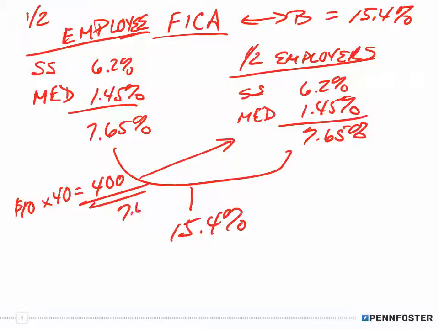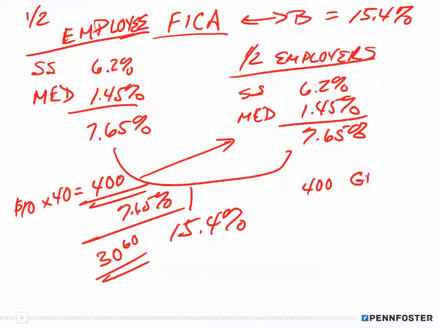So 7.65% of $400 is an additional $30.60.